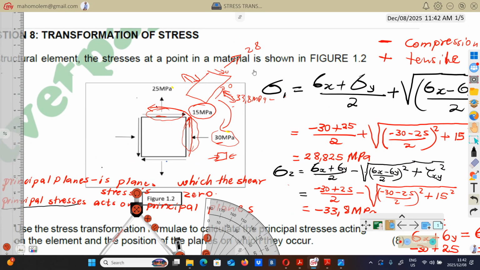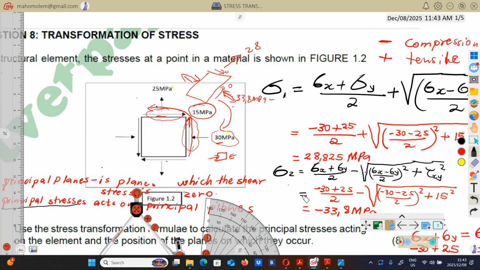As you can see, this element is rotated. So we just have to find the angle at which this element will be rotated so that the principal planes can be 28 and negative 33.